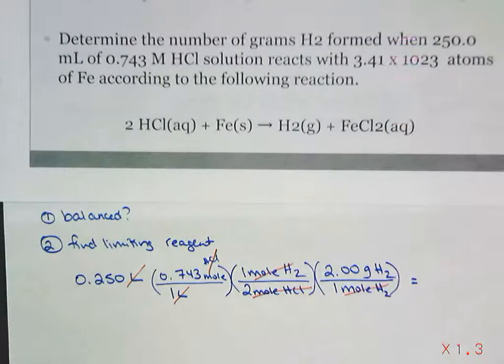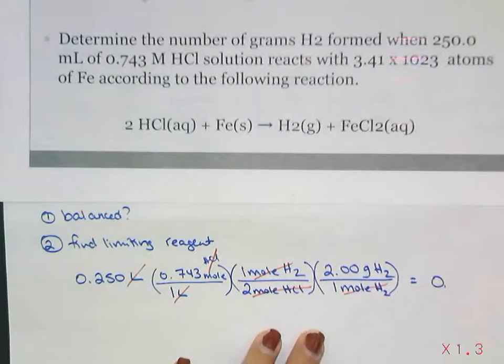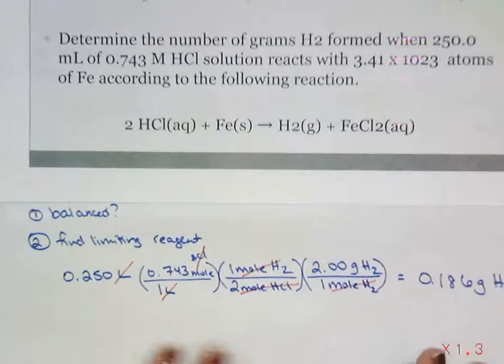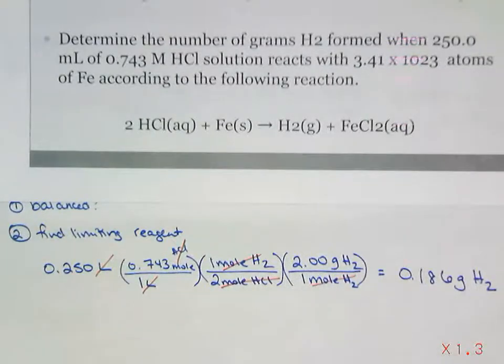Let's see here. 0.25 times 0.743 divided by 2 times 2. All right, so if I start with HCl, I can make as much as 0.186 grams of hydrogen gas. Good. Let's do the iron then.